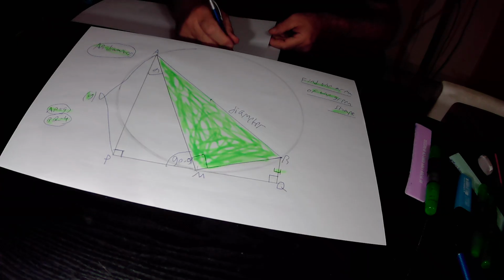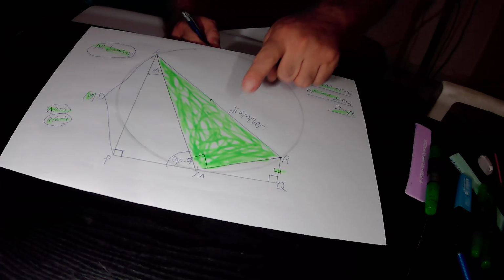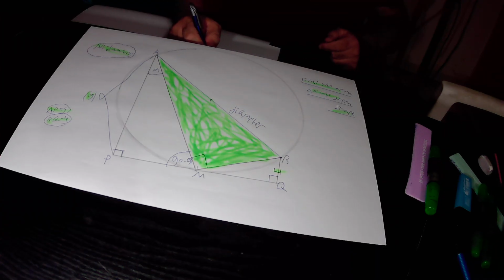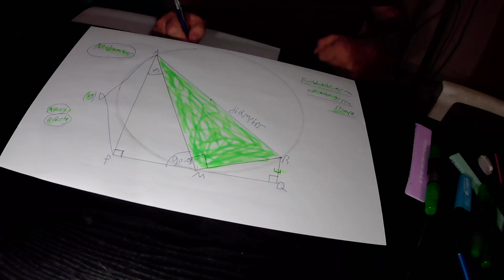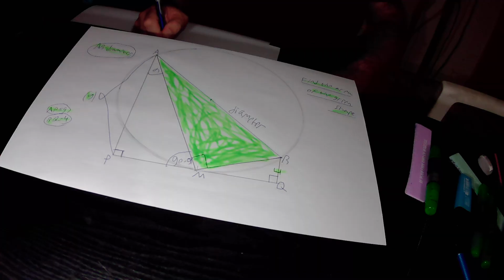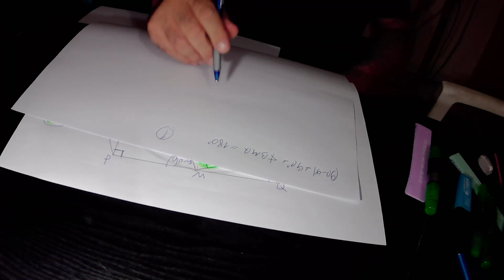So we should find out that 90 degrees minus alpha plus this angle that is equal to 90 degrees in size plus this angle BMQ, in total, must be equal to 180 degrees in their sizes, according to rule 3.